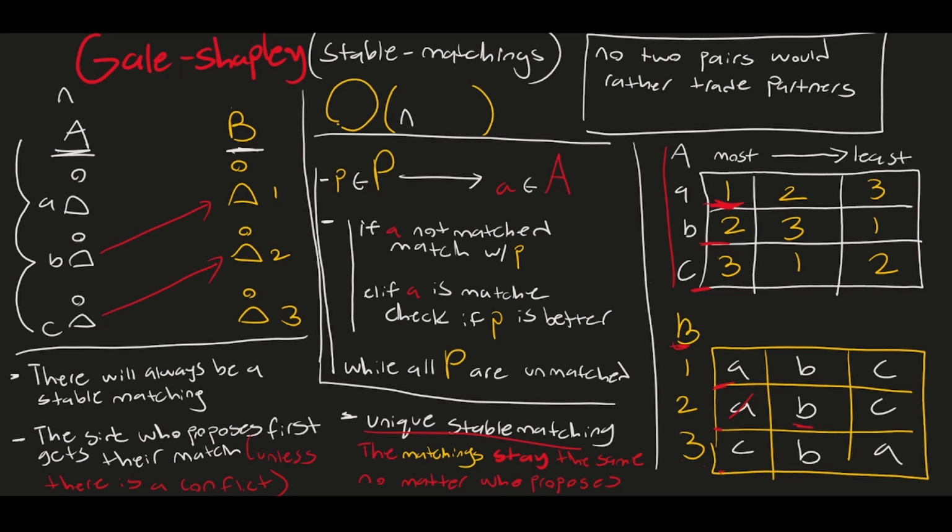If for every iteration one person becomes unmatched, again having to check the entire list, we'll have to do another n iterations, so a nested loop. We have to check another n participants. This leaves us with n squared. So in the worst case, the Gale-Shapley algorithm runs in n squared.